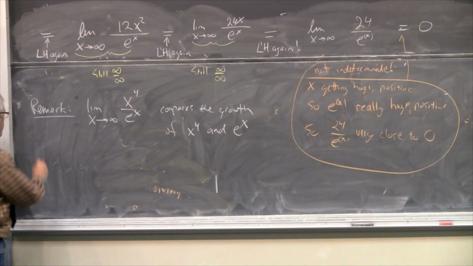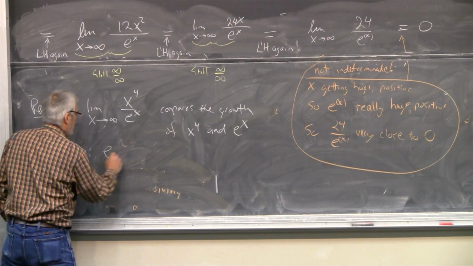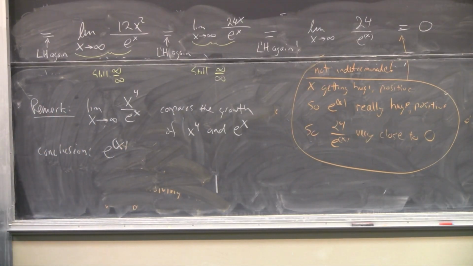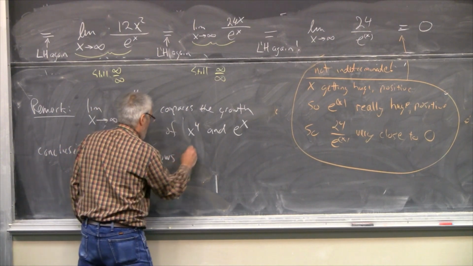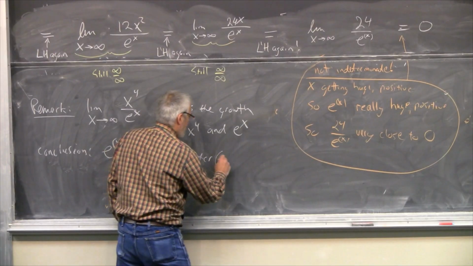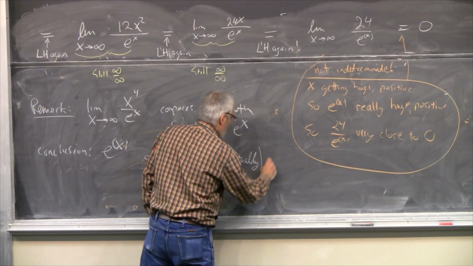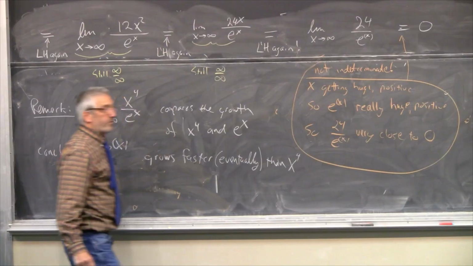And the conclusion is e to the x grows faster than x to the 4th eventually. Grows faster eventually.